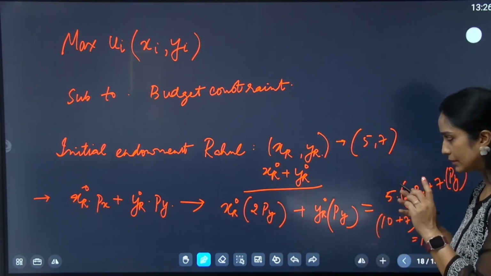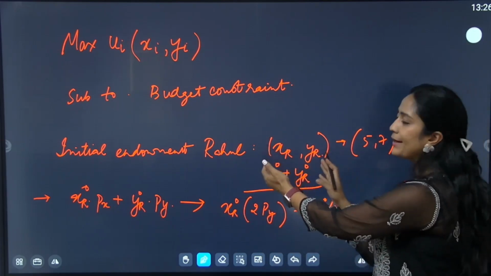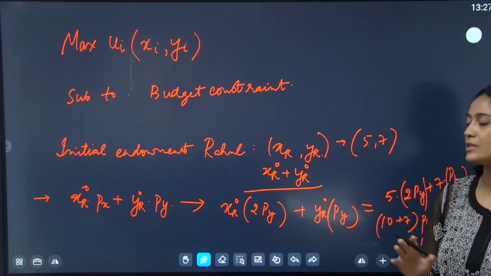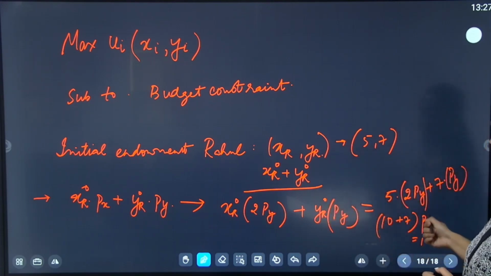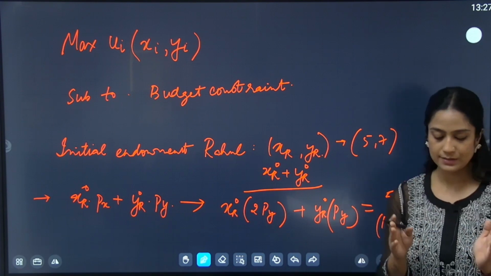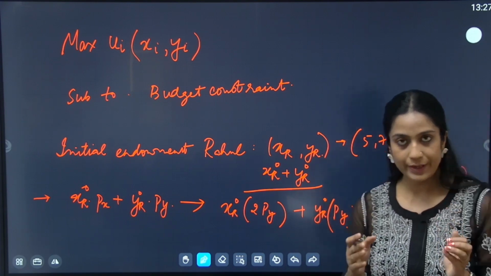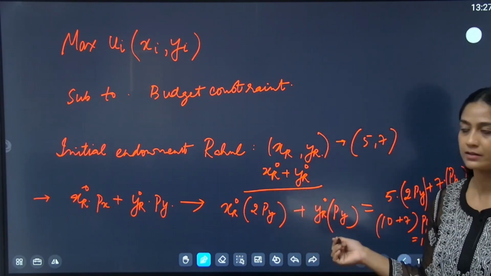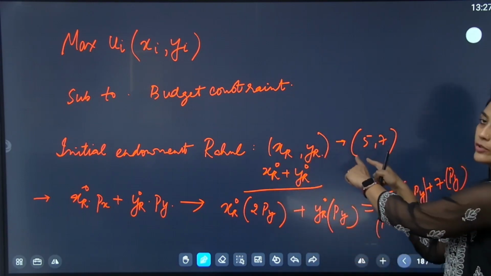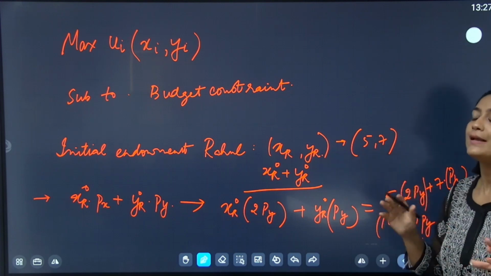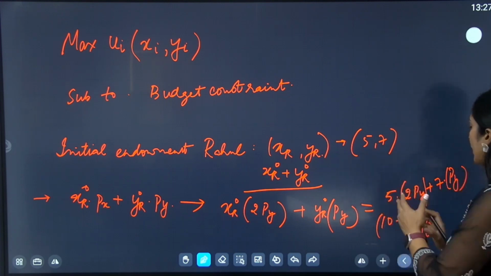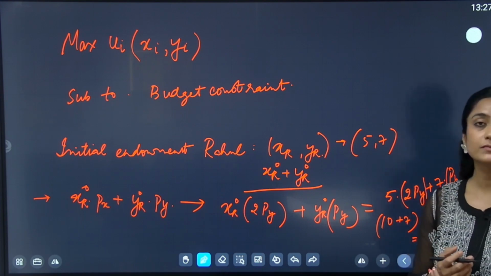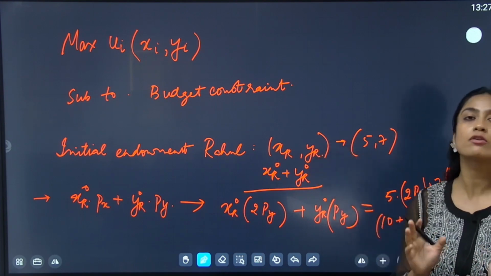So this means that this bundle that Rahul had is equivalent to 17, and since y is the good in terms of which we are expressing everything, हमने x को भी y के terms में express कर दिया. So this bundle of 5 units of bread and 7 units of rum is equal to 17 units of y, 17 units of rum.